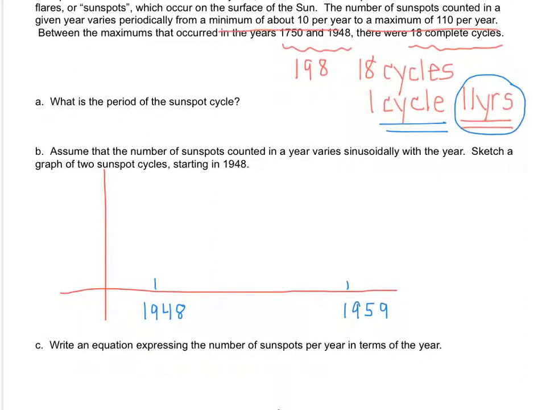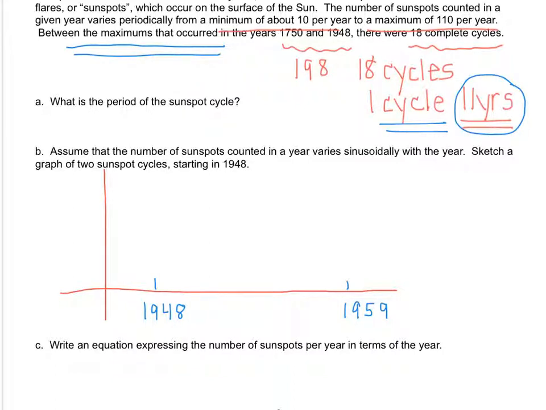Now, if we go back to what we read before, these cycles, it was 11 years between the maximums. And we found that up here, between the maximums.